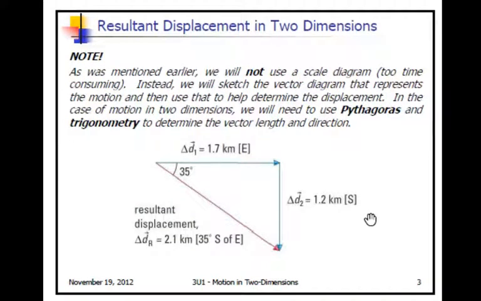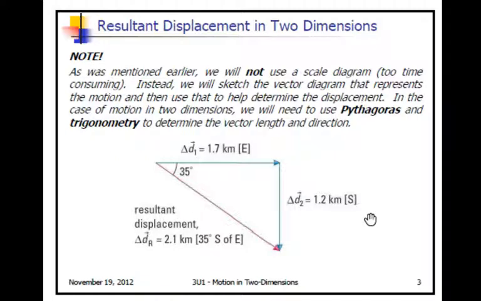So as we mentioned earlier, we'll not use a scale diagram because that's very time consuming. Instead, you can sketch the vector diagram to help you understand the motion, and then you can use your understanding of Pythagorean theorem and trigonometry to determine the length of that resultant vector. So in this case, you can find the resultant displacement by finding the square root of the square of 1.7 plus the square of 1.2.